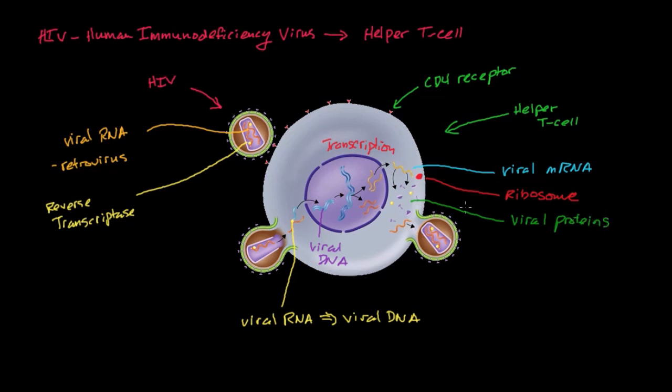Those viral proteins will be assembled into a new HIV virus. And when a new HIV virus is created, it buds off, ready to infect another helper T cell. So this here is a new HIV that buds off.